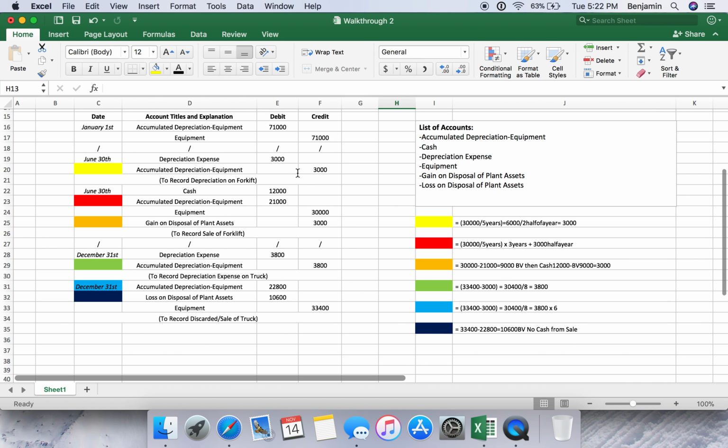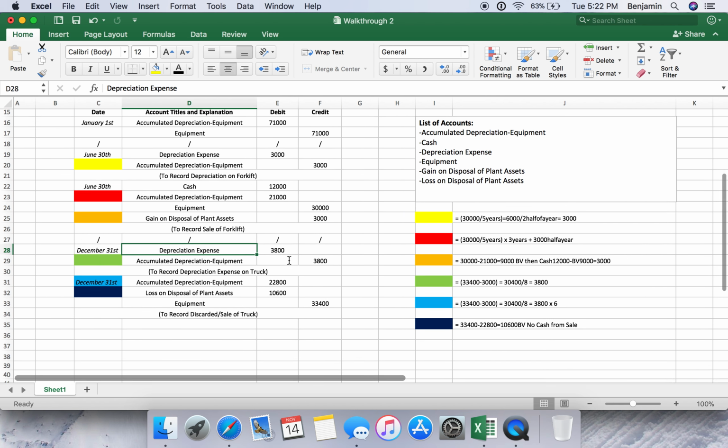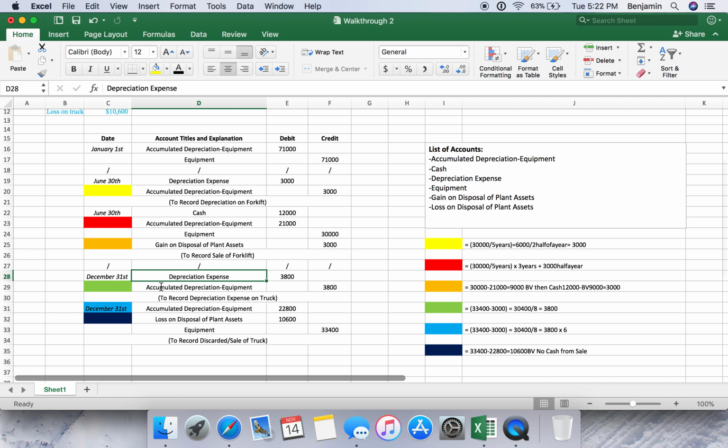That will give us its depreciation per year, so we put it in here. We have the depreciation expense for $3,800 debit, and we credit the accumulated depreciation equipment account. And so we have recorded the year's worth of depreciation on the truck.